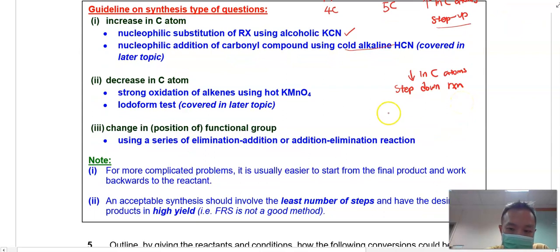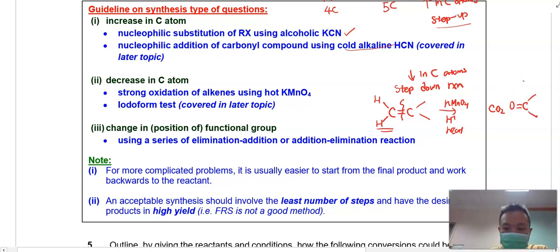If you cannot remember this, let's take a look at a simple example. If I have a terminal alkene and I do oxidative cleavage using KMnO4, you know that the terminal portion will become CO2, and you end up with a C=O and then whatever compound. Because you have lost this carbon, you decrease the number of carbon atoms. So you have a step-down reaction.